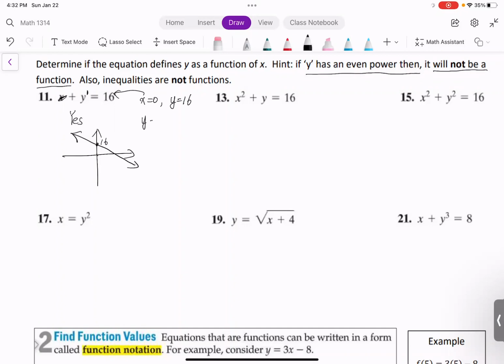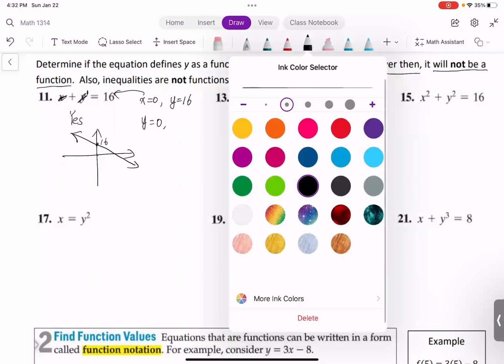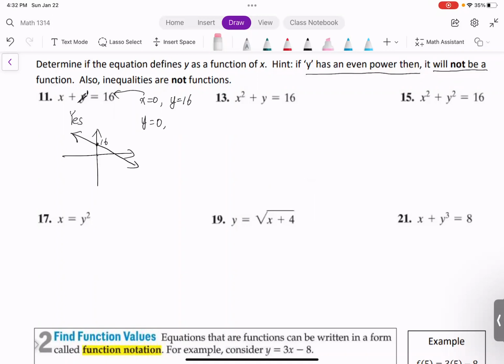For the next one, let y equal 0. Here is 0. We only have one x, so x equals 16. Another point is here, also 16. Line them up and you can find the graph. But here we don't need you to find the graph, just decide if it's a function or not. So yes, it is, because y's power is odd, it's 1.